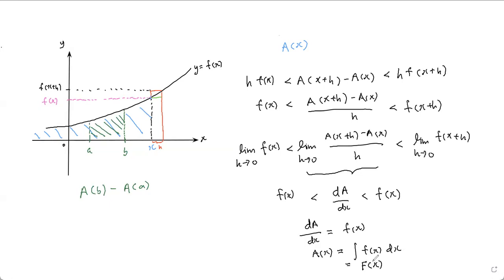So this is the integral of f(x), this is a big F. So now to get this area, this is basically F(b) minus F(a).